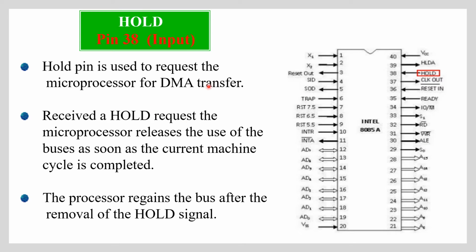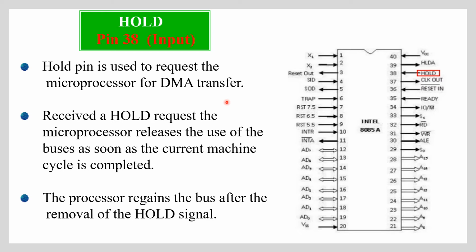The name direct memory access means without taking the CPU in between. When data is to be transferred from IO devices to memory, instead of going through the microprocessor, the DMA takes control and transfers the data, but it requires the address and data buses.